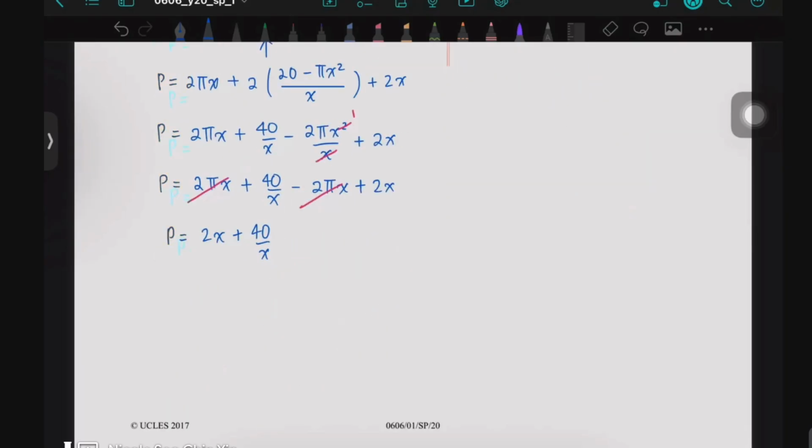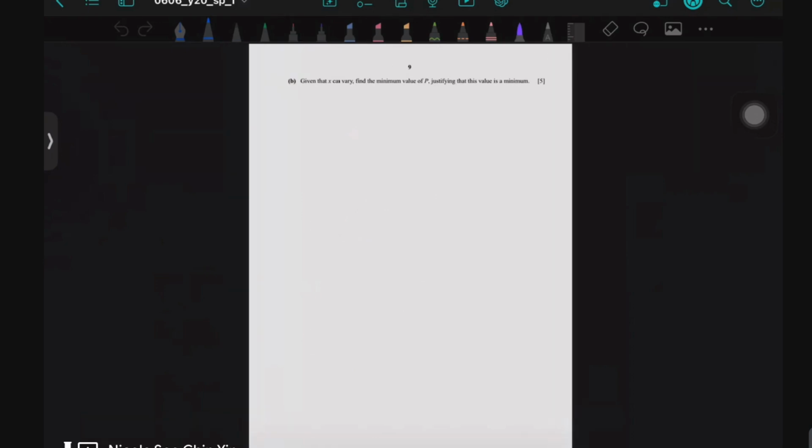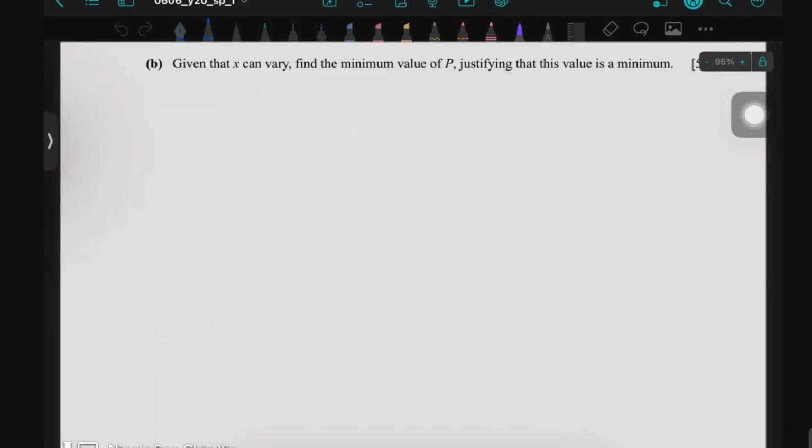Okay, we move on. Next part, they say given that x can be varied, find the minimum value and justify the value is minimum. That means we have to use part 1 for your P. P is 2x plus 40 over x.